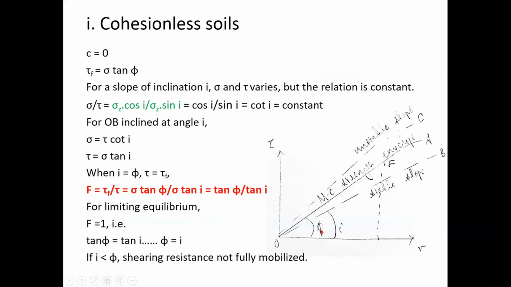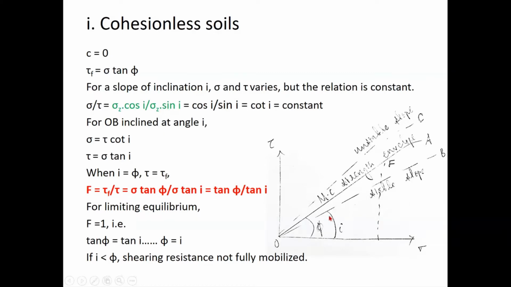But if my I is greater than phi, which is represented by the line OC, can there be a stable condition there? No, right? Because my tau will be greater than tau f, the failure shear stress, or the shear strength of the soil. Along the line OC, which is an unstable slope, you can see that the tau values are all above the Mohr-Coulomb strength envelope. So it's an unstable slope, isn't it?